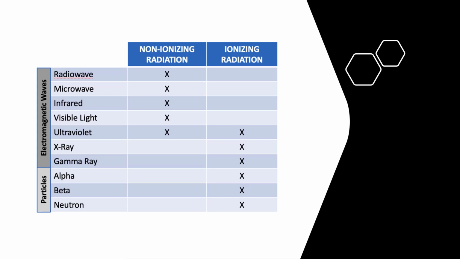Ultraviolet is also part of the ionizing radiation level of wavelength. So when we're looking at this, we're looking at the difference in the frequency or the wavelength. In the ionizing radiation, we have the ultraviolet, X-ray, gamma ray for wavelengths, and for particles we have the alpha, the beta, and the neutron particle, which are all ionizing radiation.